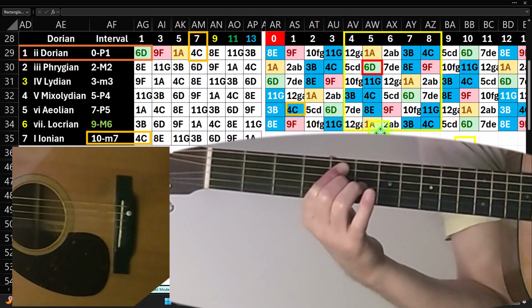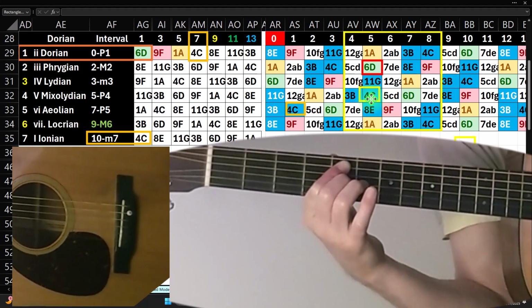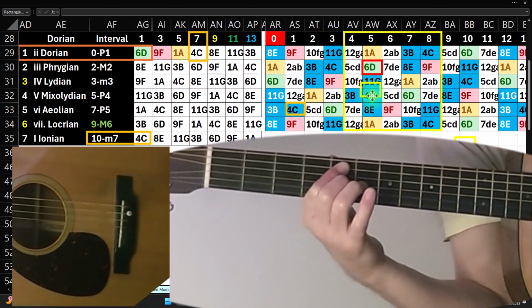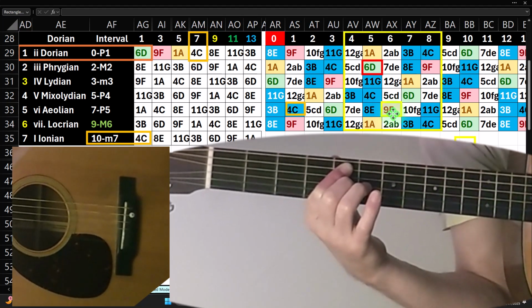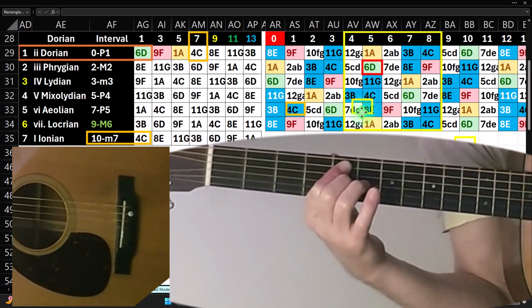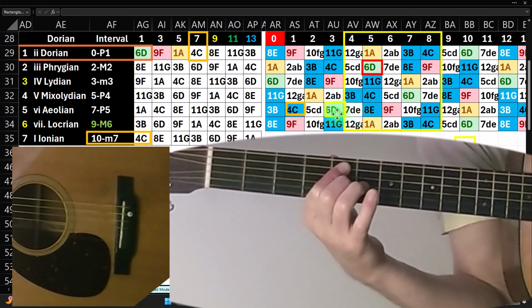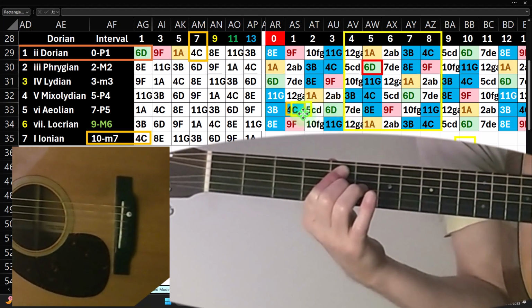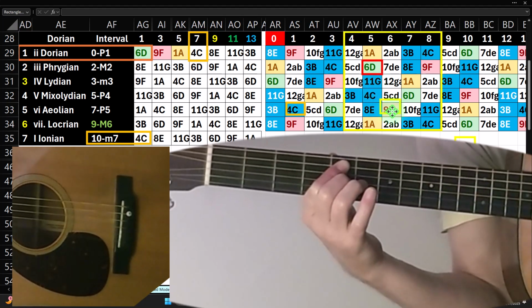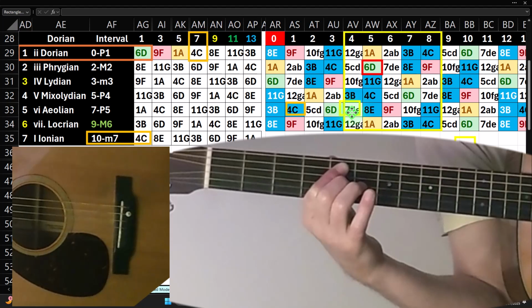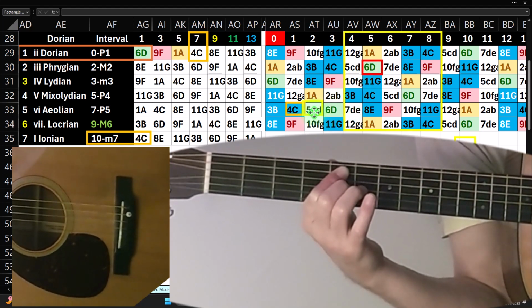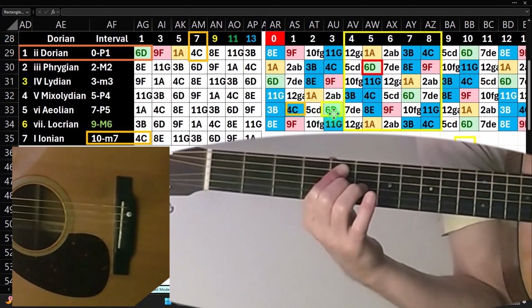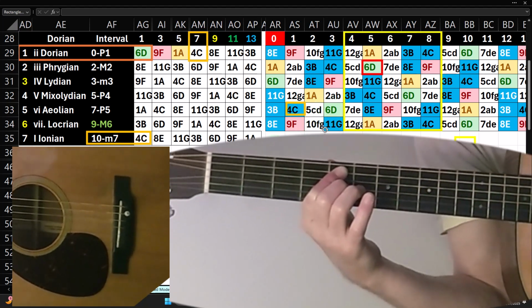If I go down 3 strings and cross the fault line, it's 5, 10, 15 up here. I can bring that down: 15 minus 12 is 3, 3, 2, 1, 0, or 12, there's the octave, 12, 11, 10. All right, let's count it on here.